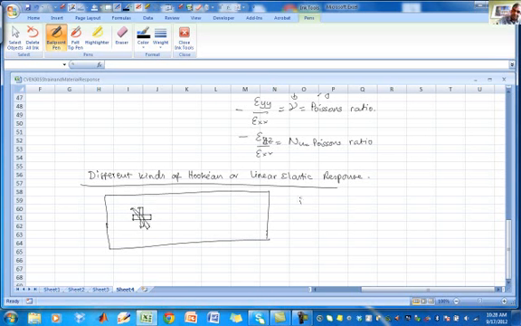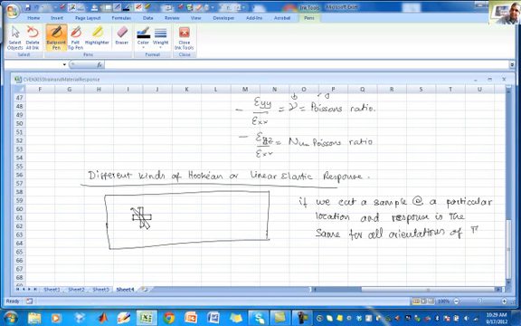So if we cut a sample at a particular location, and the response is the same for all orientations of the cut, that means I cut it horizontally, I cut it vertically, whatever I do, I get a sample, then I go and test it.